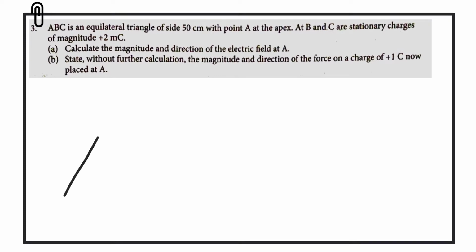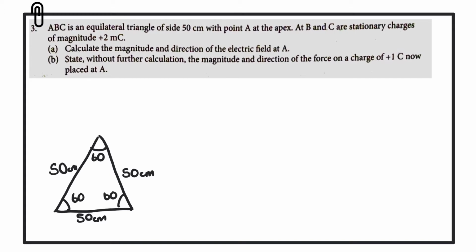So that means that our triangle has equal length sides and that all those sides are 50 centimeters long. Now it also tells us then that the angle between each of the sides is the same. So each of these angles is equal to 60 degrees.